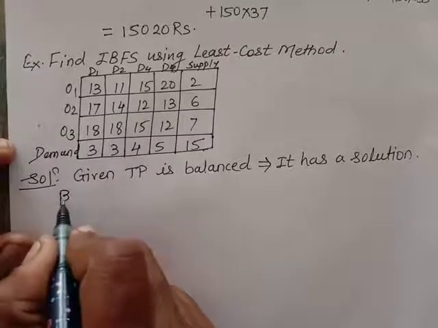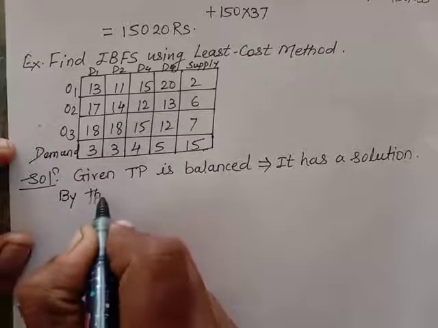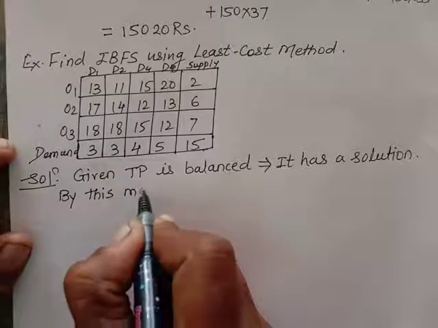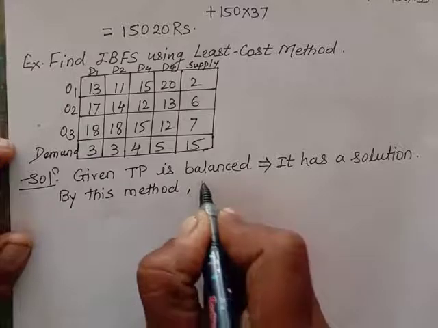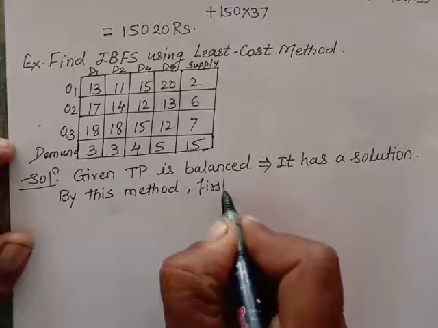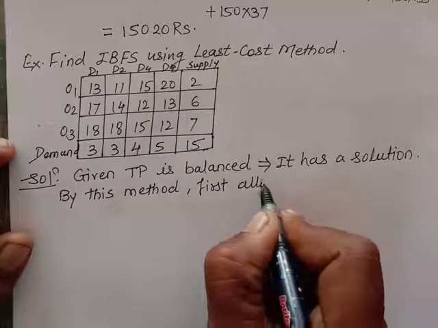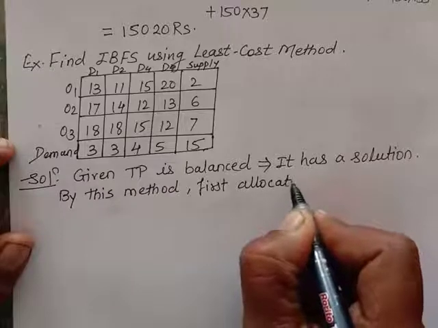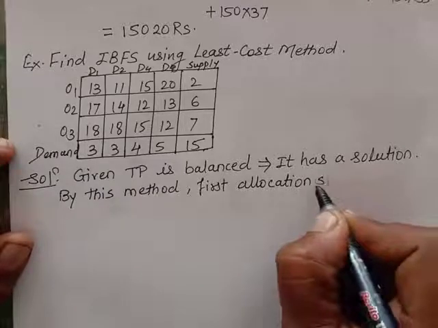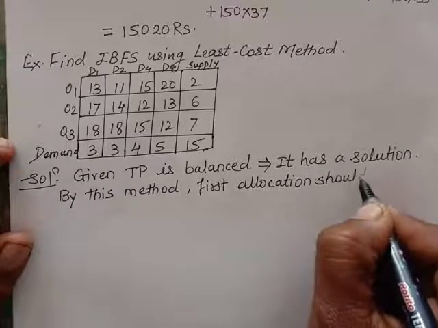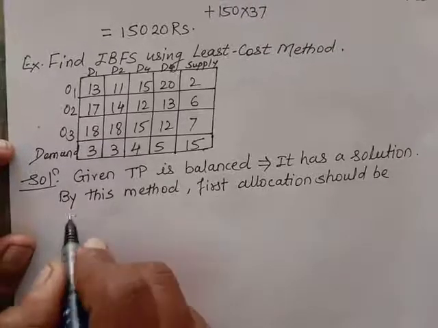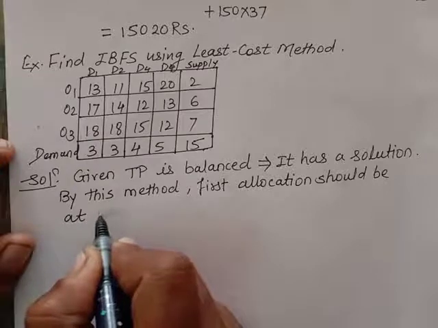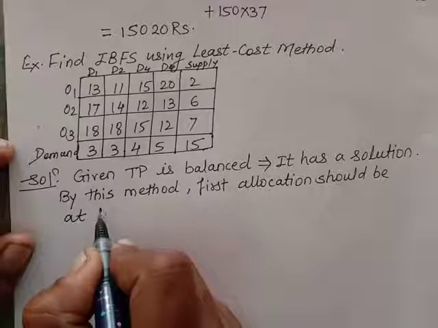By this method, first allocation should be at lowest cost.